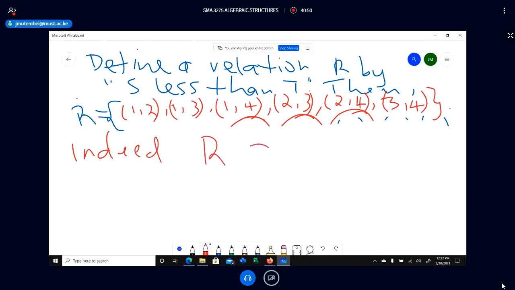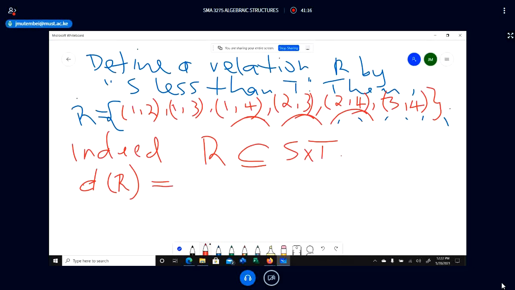R is a subset of S cross T, of that Cartesian product. So that is in agreement with what we have said earlier. And now, supposing I want you to find the domain of R. What will be the domain of R?